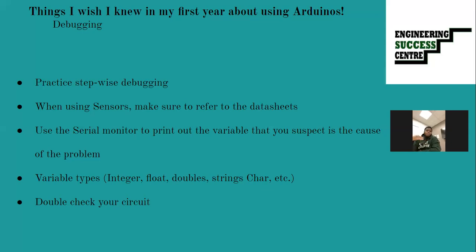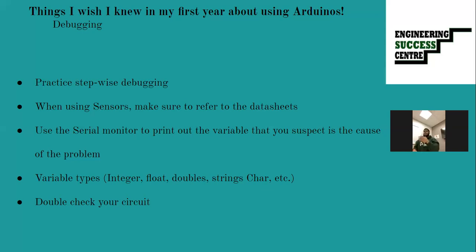So that being said, the main advice I can give anyone in regards to debugging would be the following. Practice stepwise debugging, which means don't wait to debug at the end, when you're done writing your code. You can write your code in little chunks and make sure those little chunks work.